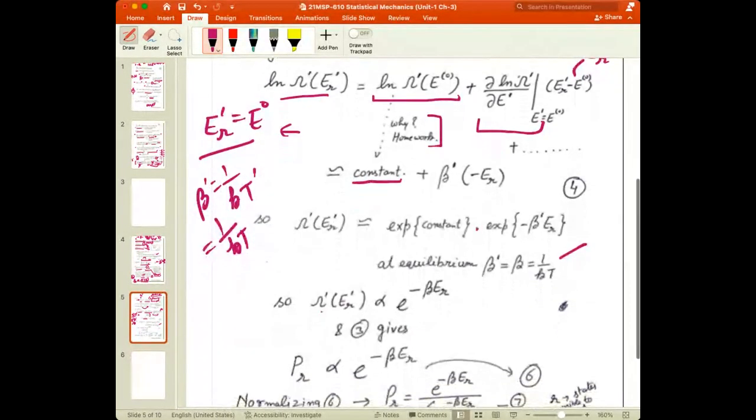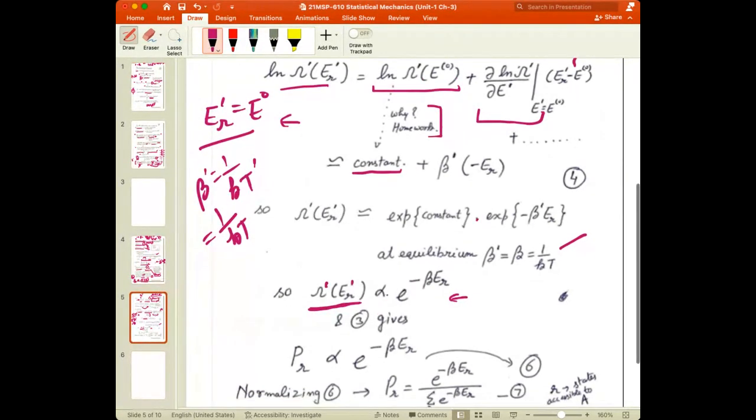So what I mean to say is that the number of states accessible to the reservoir having energy E R prime is proportional to e raised to power minus beta E R, right?